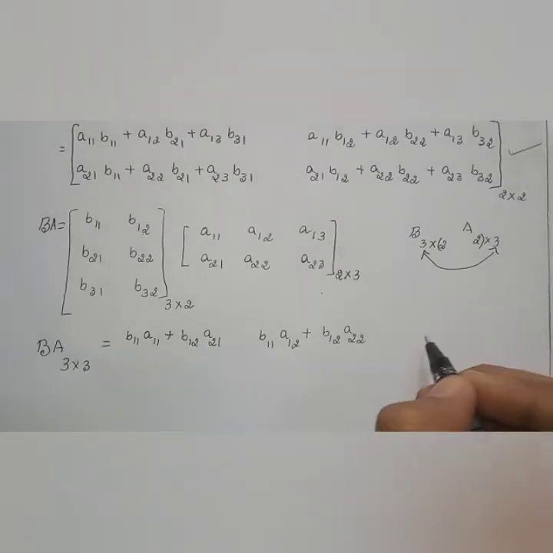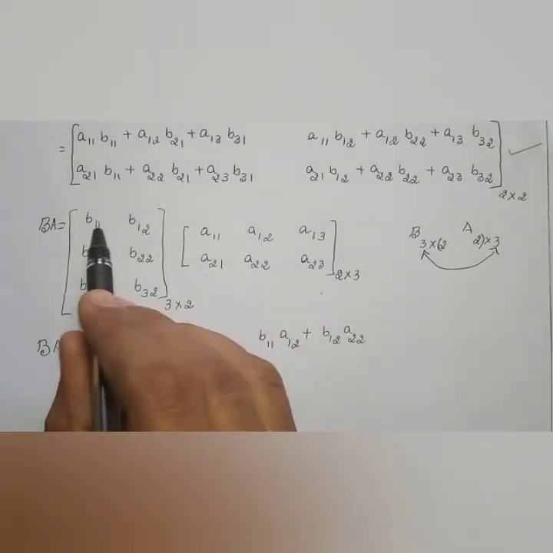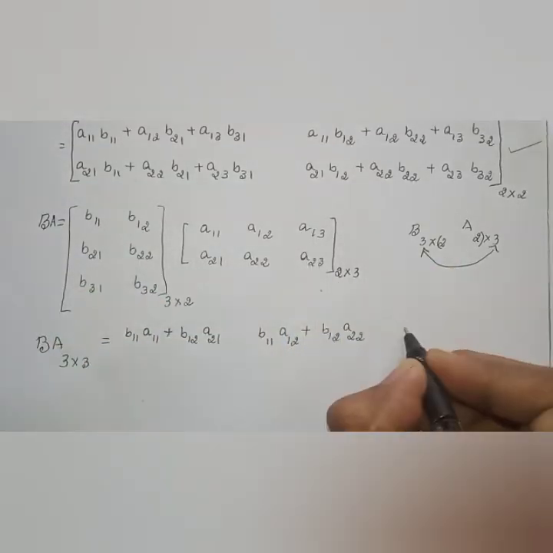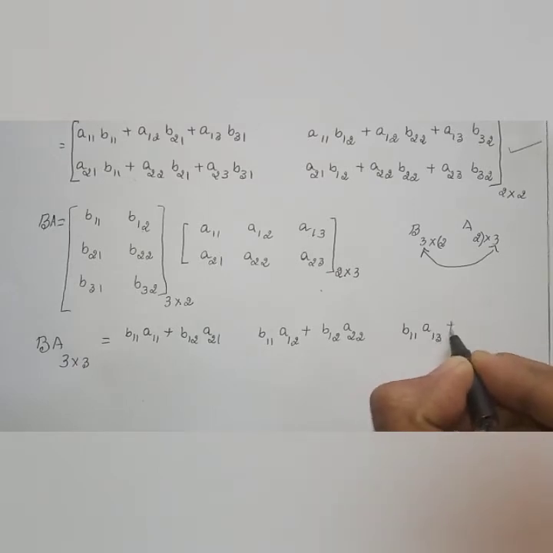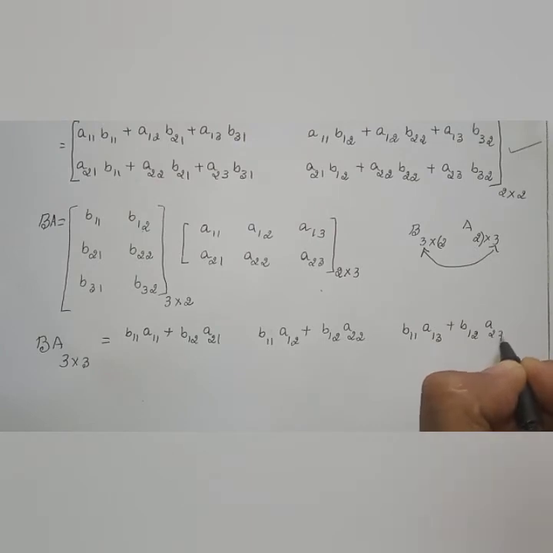The next entry is C13, first row, third column. So first row, third column is B11 into A13 plus B12 into A23.